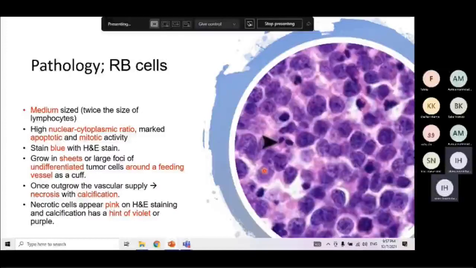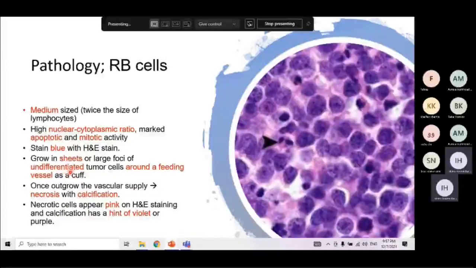Normal cells don't display that, so they have small nuclei. But because those are malignant cells, they have a large nuclear cytoplasmic ratio, and they have increased apoptotic and mitotic activity, so they are dividing uncontrollably. So you'll find a lot of mitotic figures that you can see under the light microscope in those cells. Usually they stain blue in H&E.